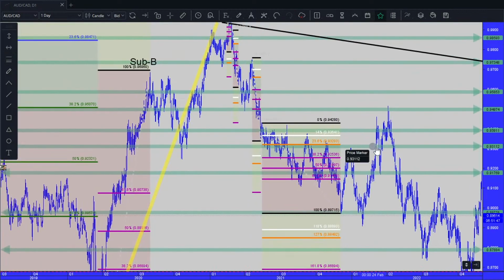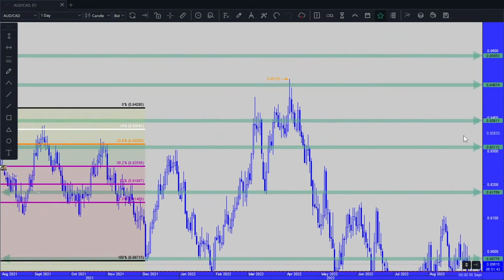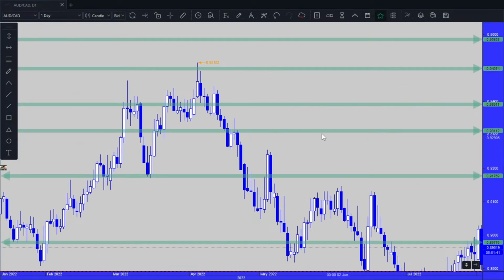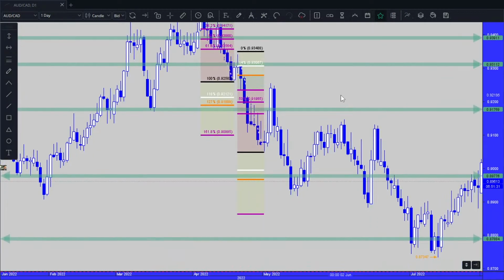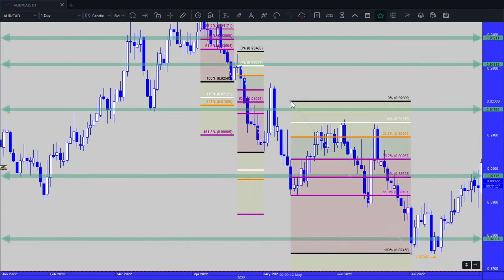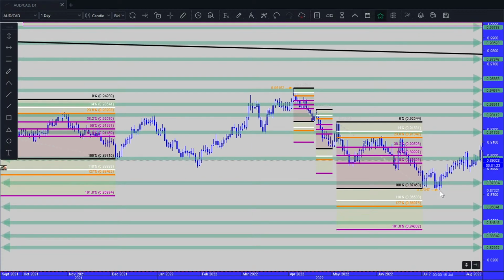Now here it broke, so I need to go back in here and high to low, low to high, A, B, C, D, A, B, C, D, A, B, C, D, and is this the last one?